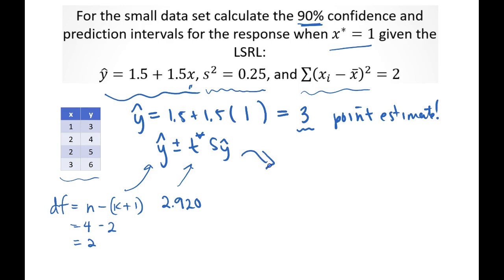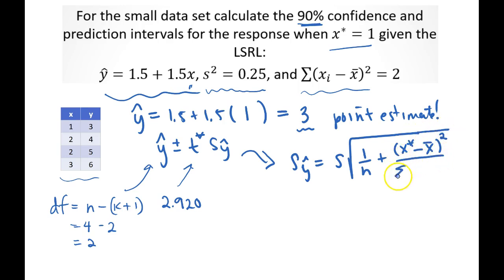And what is this equal to? This is equal to s times the square root of 1 over n plus x star, so that's the new value, minus the mean of all the x's squared, divided by the summation of xi minus x bar squared. We know most of these values. We have s squared equal to 0.25, so s is equal to the square root of 0.25, which is equal to 0.5.